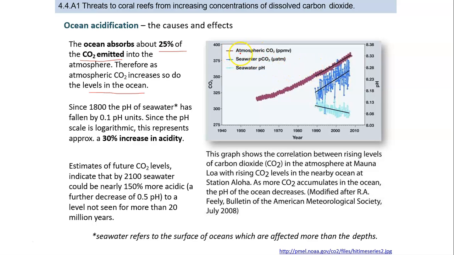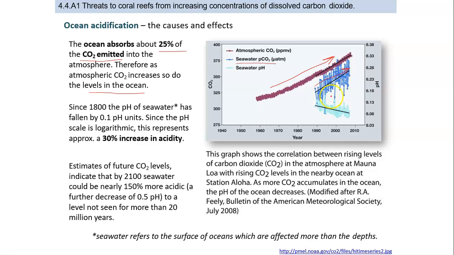Here is the graph: atmospheric CO2 in ppmv, parts per million by volume. The level of carbon dioxide in the atmosphere is increasing, and at the same time you will see that the blue line, the level of seawater carbon dioxide, will increase as well.